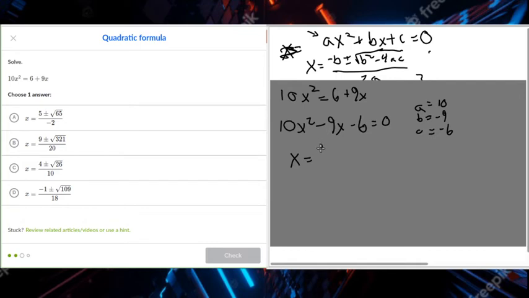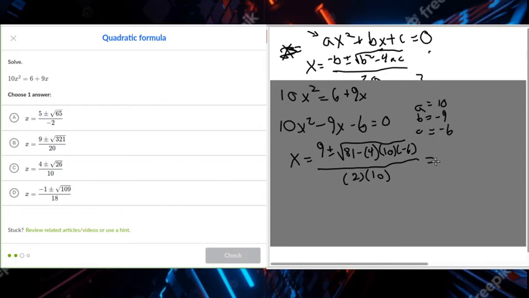Negative b is 9 plus or minus square root of b squared, -9 squared is 81, minus 4 times a, which is 10, times c, which is -6, all over 2 times a, which is 10.